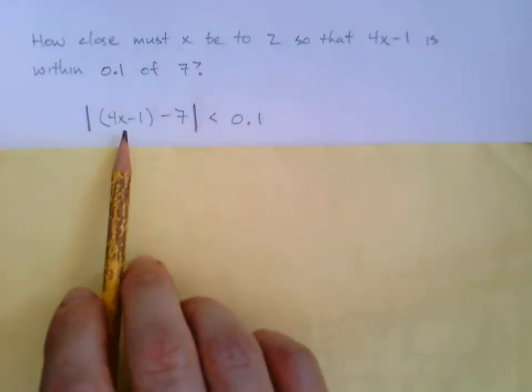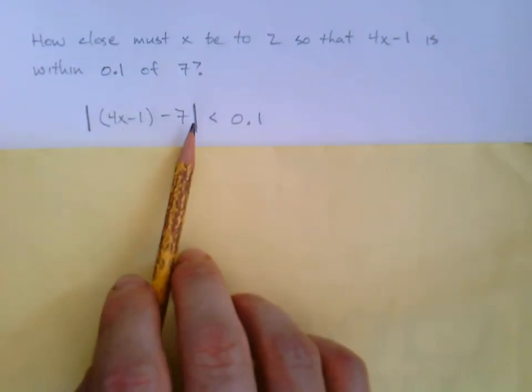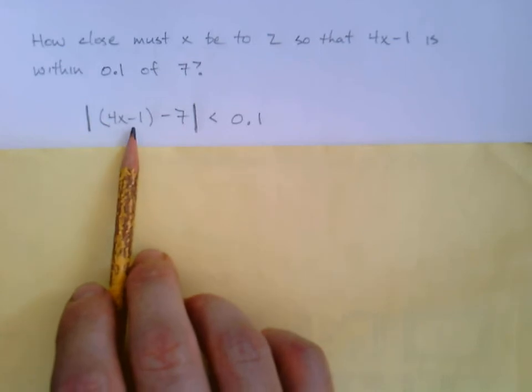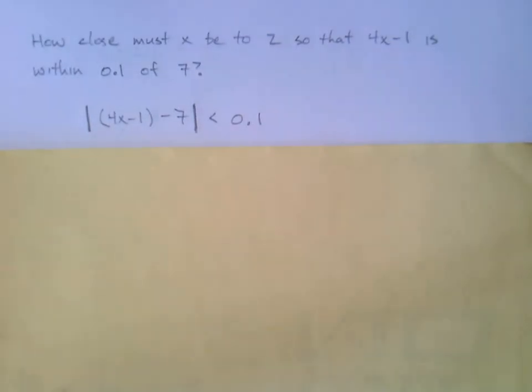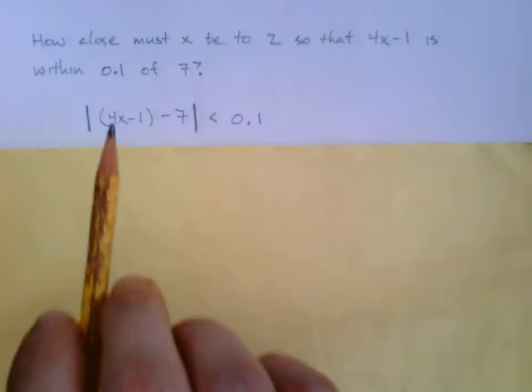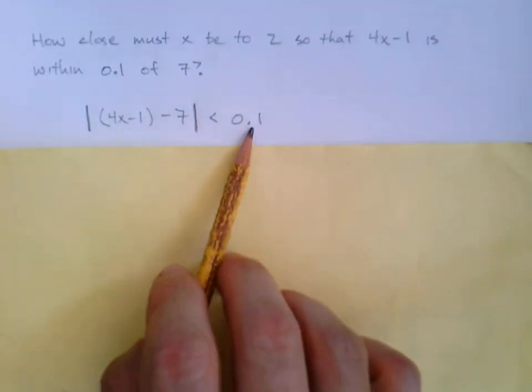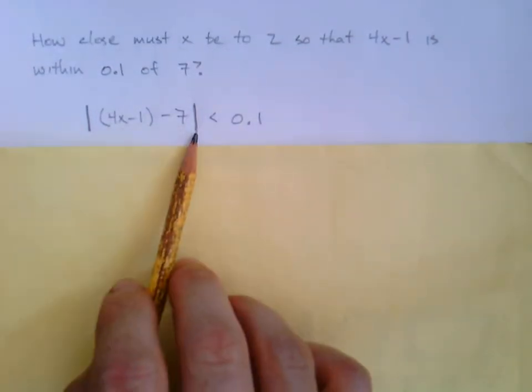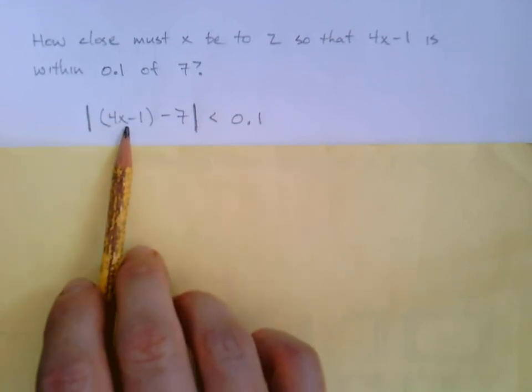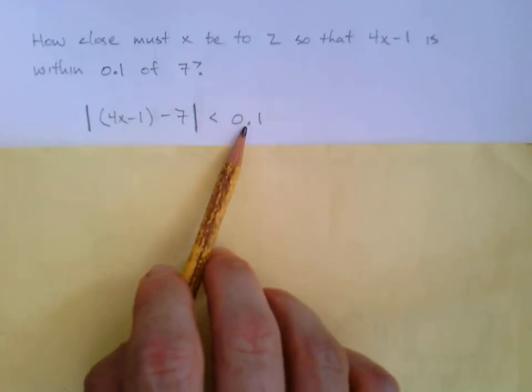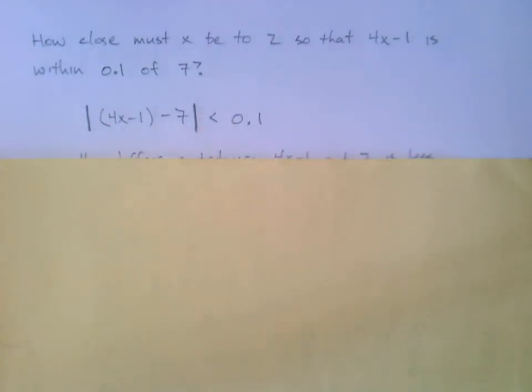When we take the difference, when we subtract there, we're saying the distance between 4x minus 1 and 7 is less than 0.1. And I take the absolute value because this might be a little bit bigger than 7, or it might be a little bit less than 7. I always want that to be positive because I'm talking about a distance.